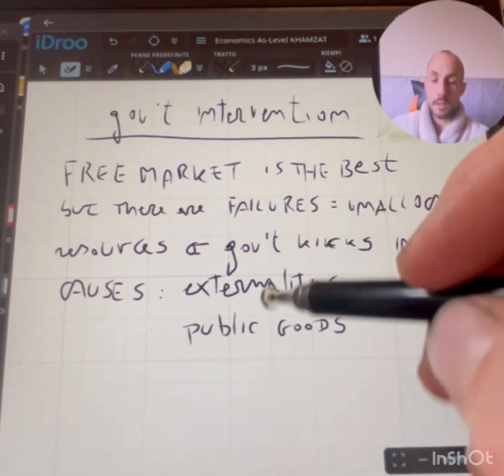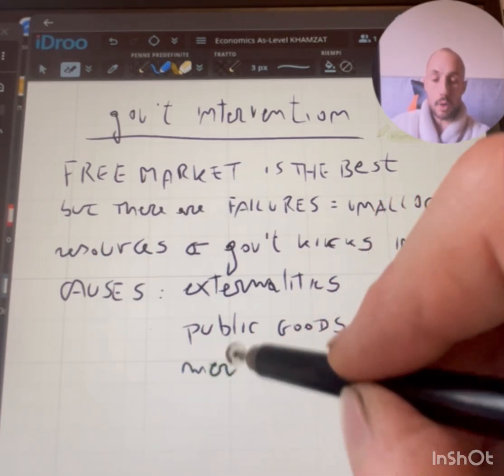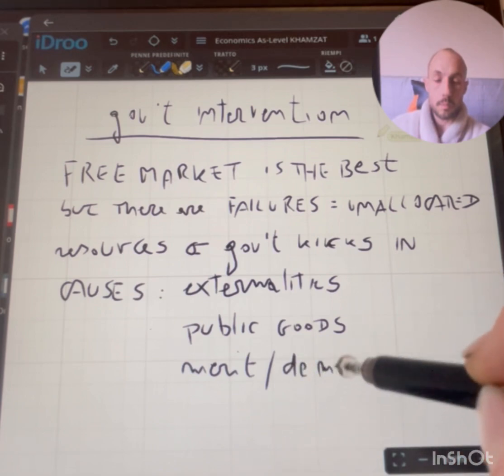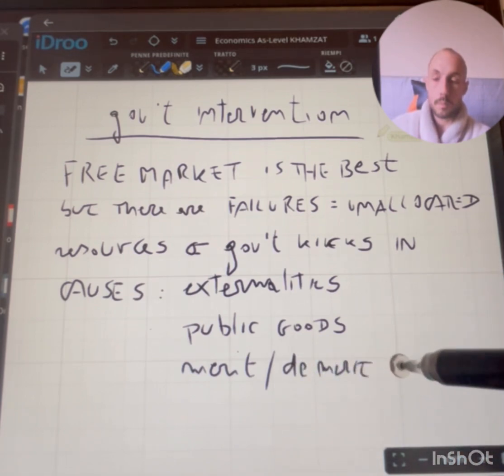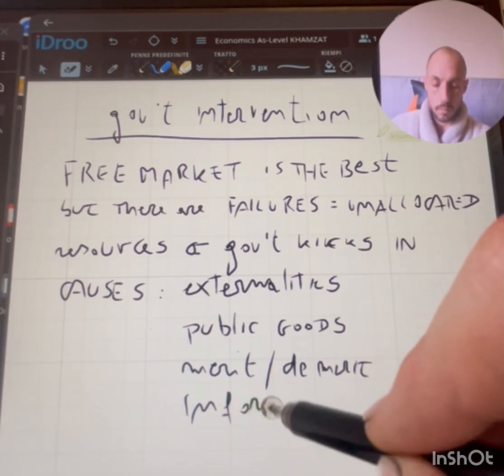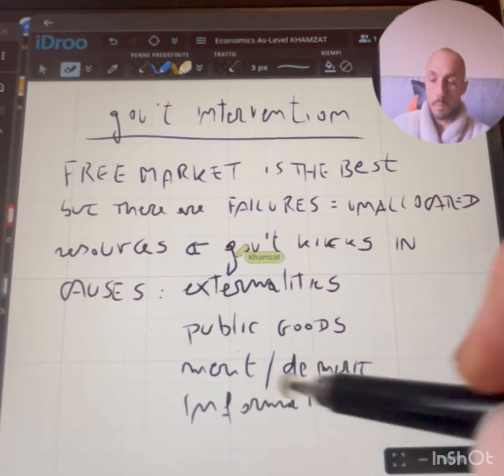What else? Merit or demerit goods. Information. Monopoly.